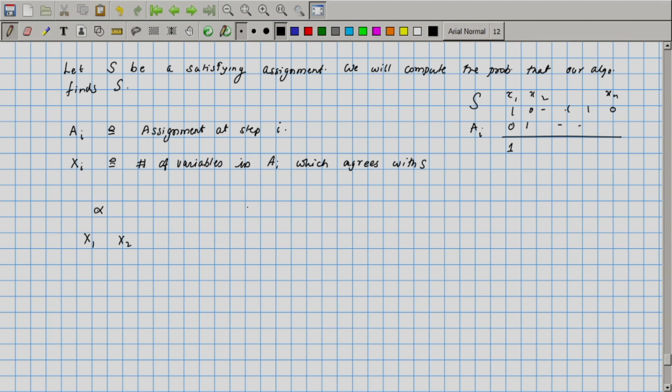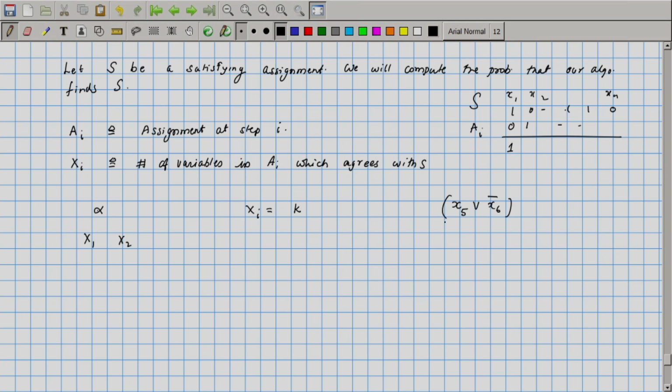Now, at any stage, if X_i is equal to, let us say, k, at the next stage what we do is pick one clause which is not satisfied by the current assignment and change the value of one of its variables. Let us say we picked the clause x5 or x6 bar.